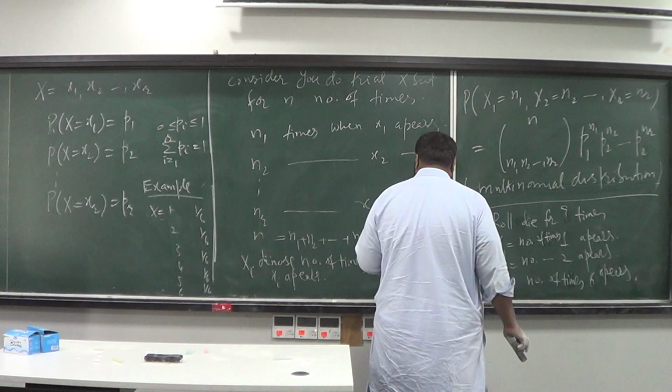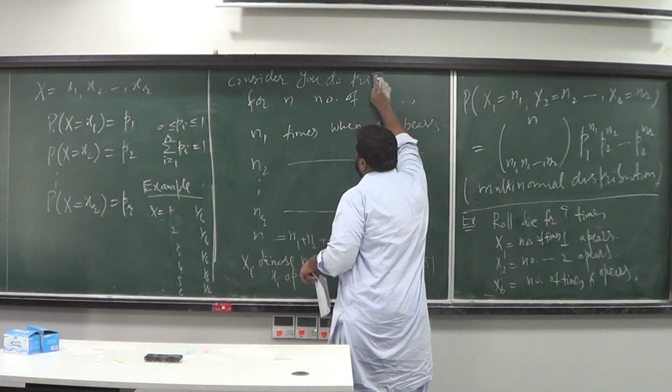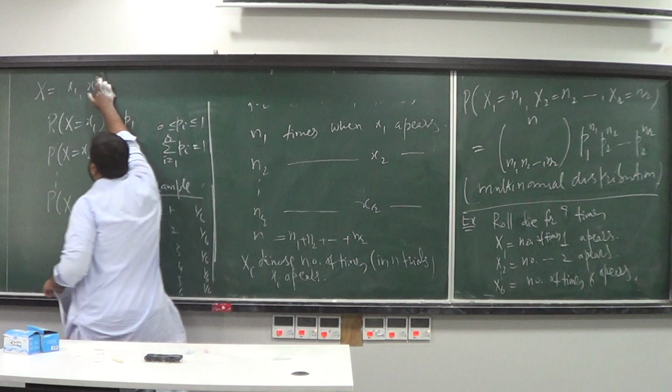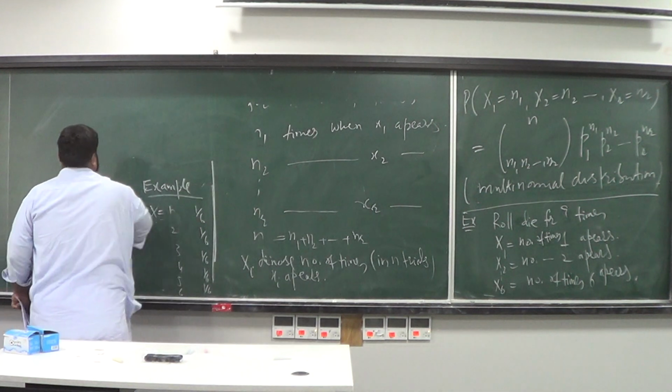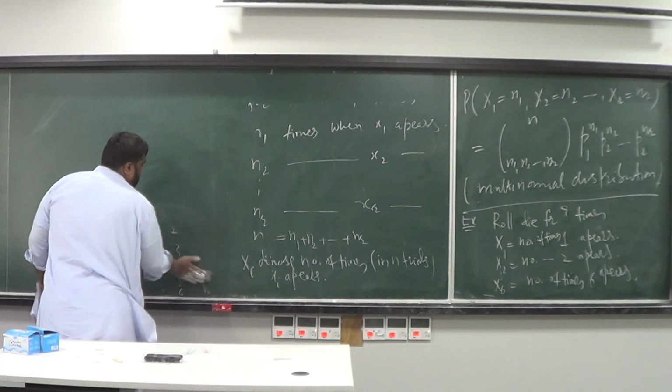and 6 do not appear at all. Okay, so I'm interested in computing this probability.